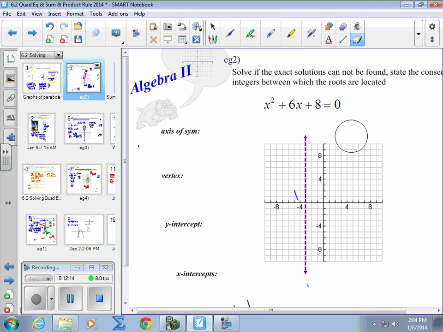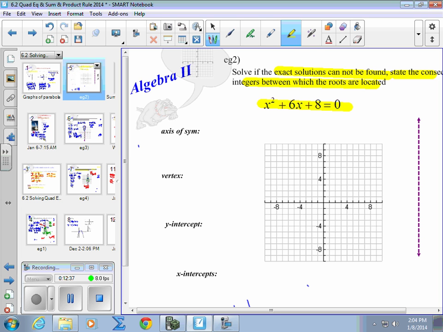My next equation is x squared plus 6x plus 8 is equal to 0. The directions on tonight's homework are a little different from last night's homework. It says solve; if the exact solutions cannot be found, state the consecutive integers between which the roots are located.